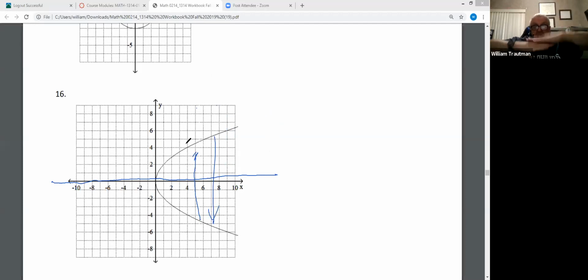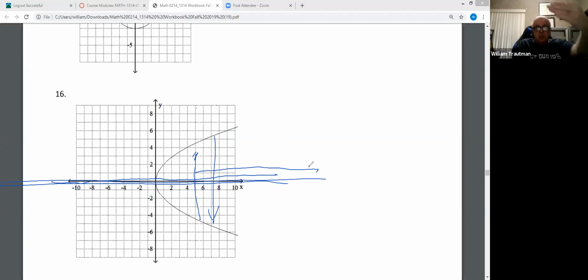If I flip it on the x-axis like a piece of paper just folded over, and this is the fold right here, do you see how it folds over on itself? So yes, it's symmetrical with the x-axis.